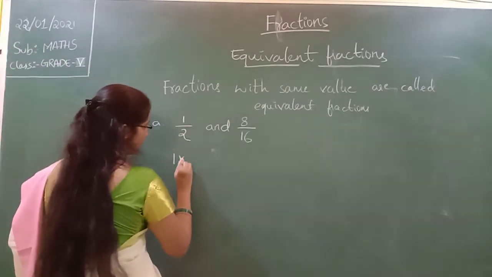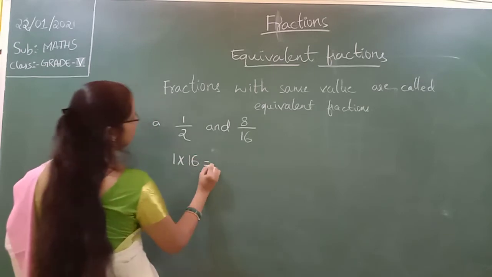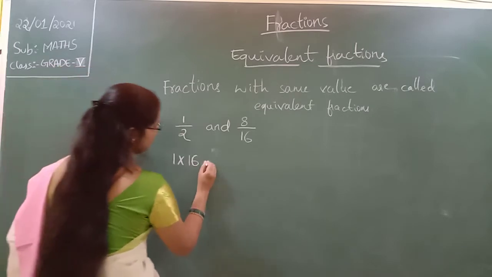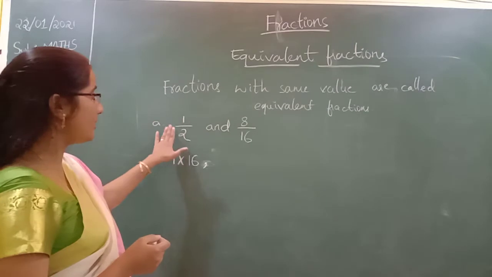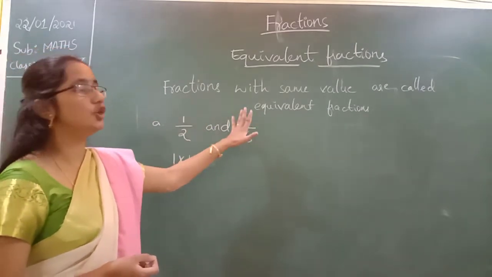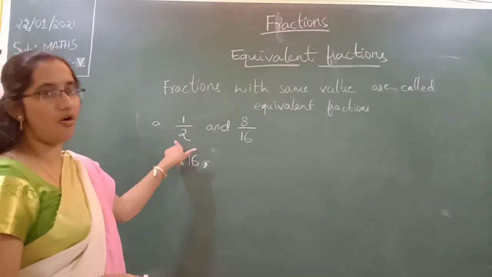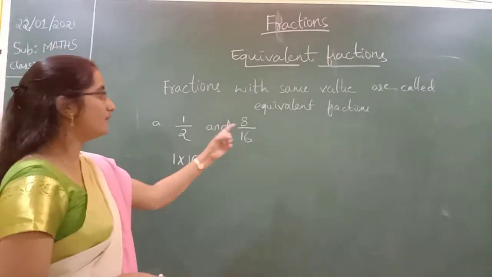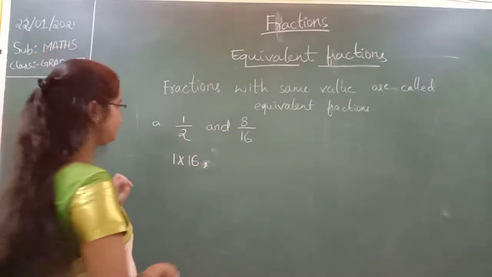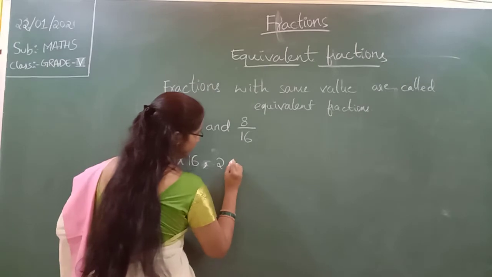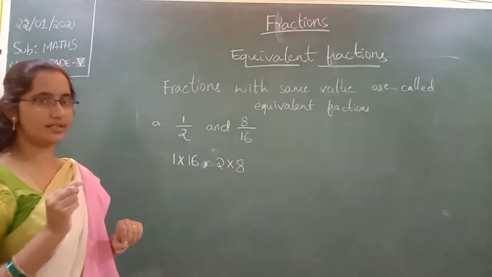Multiply 1 into 16. Next, multiply the denominator of the first fraction with the numerator of the second fraction, 2 into 8. 1 into 16 is 16.